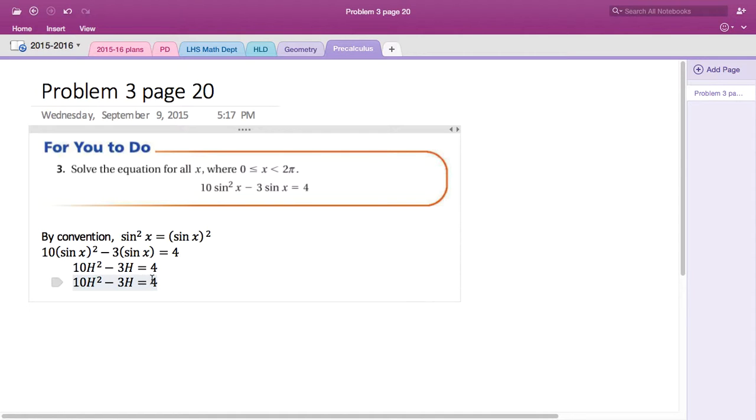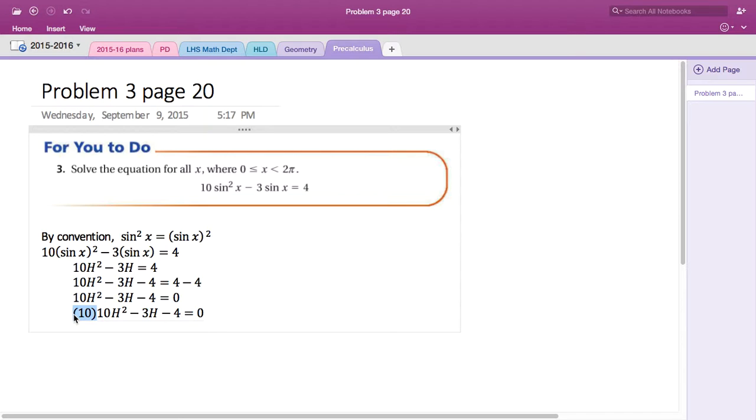First of all, I want to subtract 4 from both sides. That way the right side will be 0. Now, using a technique we learned in Algebra 1, we can multiply everything by 10.